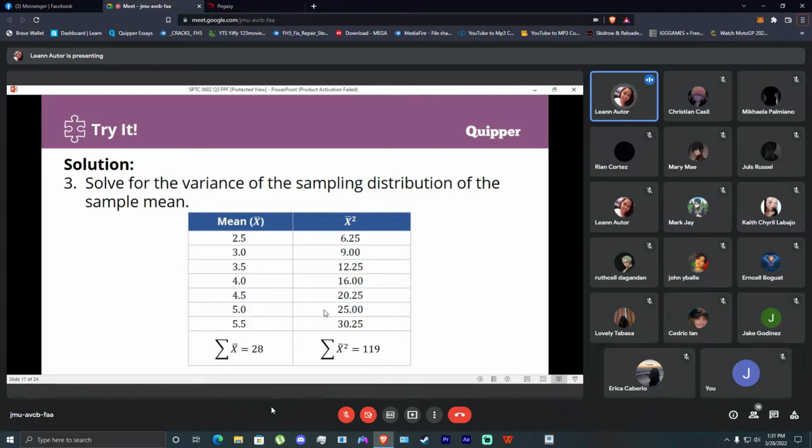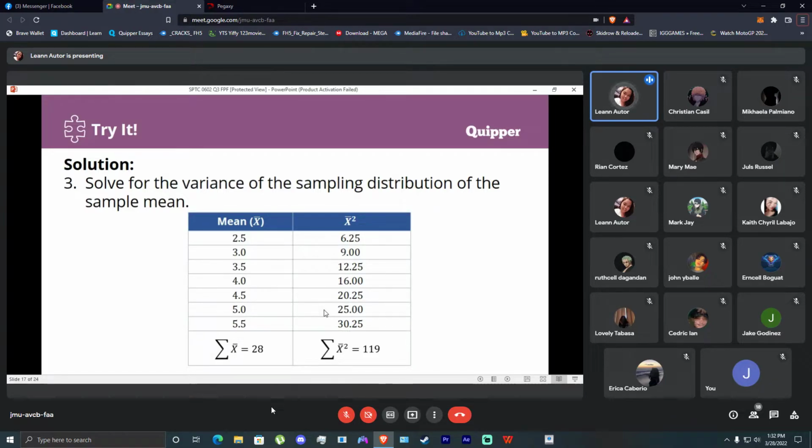Okay, let me, I stand corrected. Class, I'd like to clarify, this is not the population variance. It is the variance of the sampling distribution of the sample mean. The formula is the same. This one stands for the variance of a sampling distribution of the sample mean, not the population.